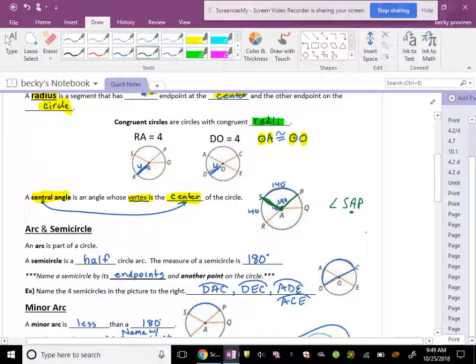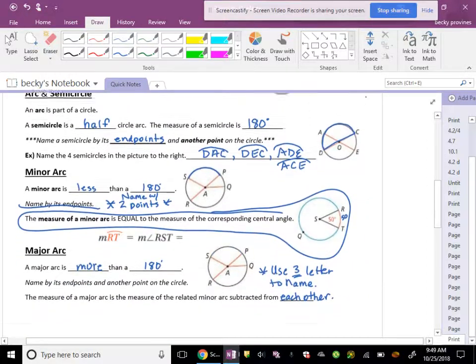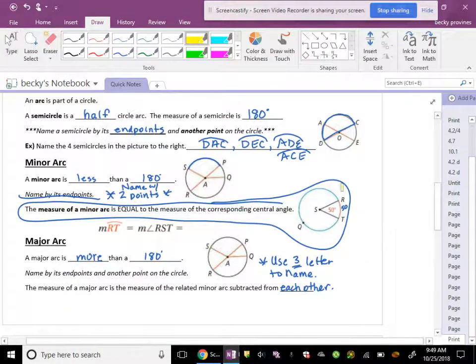Now here's the cool thing. Whatever the degree measure is of the angle, the arc that's inside the angle also has the same measurement. So if the angle is 140, the arc is 140. That's a pretty easy thing. Now, let's skip down here. This is kind of buried, and it should have a big box with stars around it because it's important.